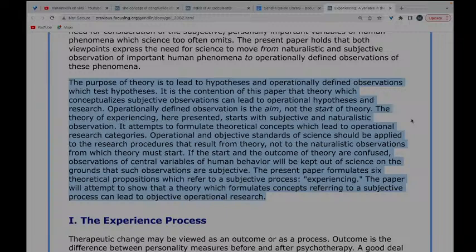Operational and objective standards of science should be applied to the research procedures that result from theory, not to the naturalistic observations from which theory must start. Mm. Interesting. He doesn't say subjective, though. He only says naturalistic.